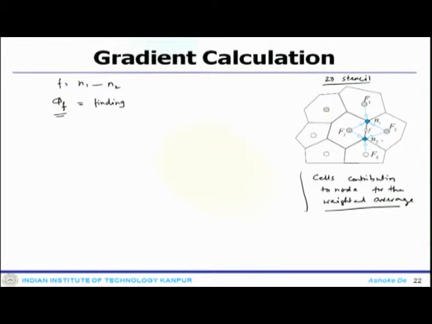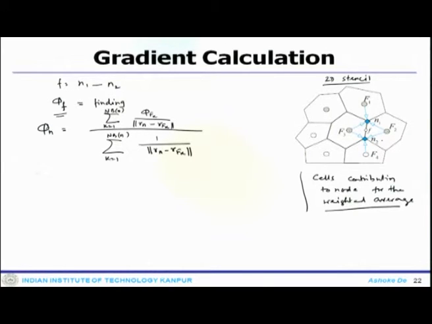So in that case, phi n can be expressed as the summation over k equals 1 to NBN of phi Fk divided by Rn minus Rfk, and in the denominator, the summation over k equals 1 to NBN of 1 divided by Rn minus Rfk.